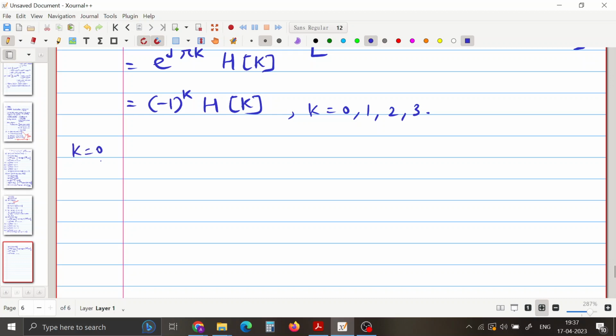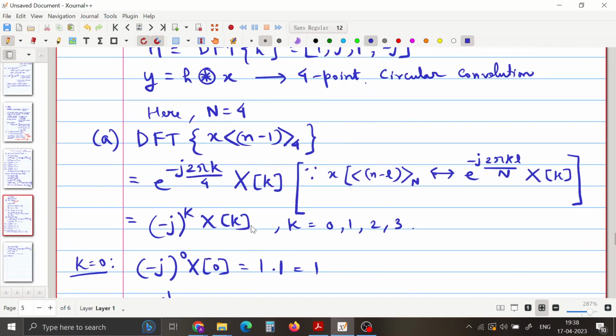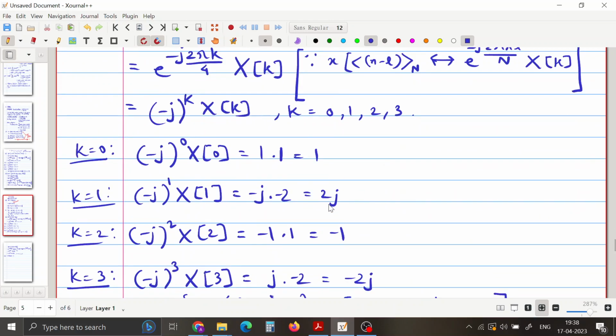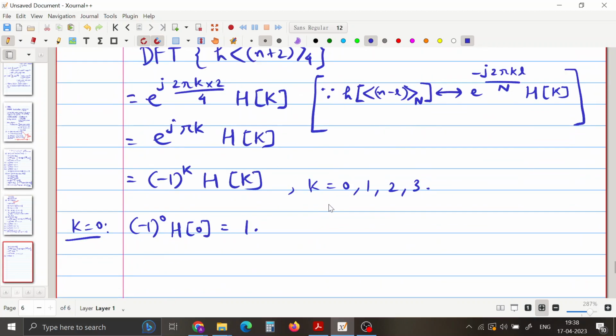Again you take k equals 0 first, so this coefficient becomes 1 times cap H of 0. Cap H is this sequence. So at k equals 0 we have the value 1. So cap H of 0 is 1.